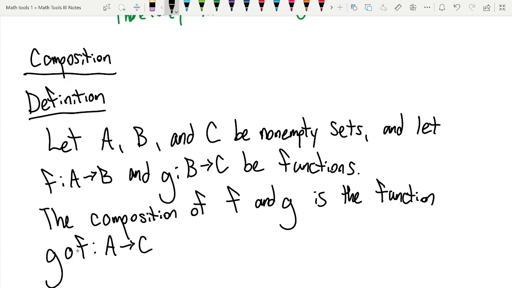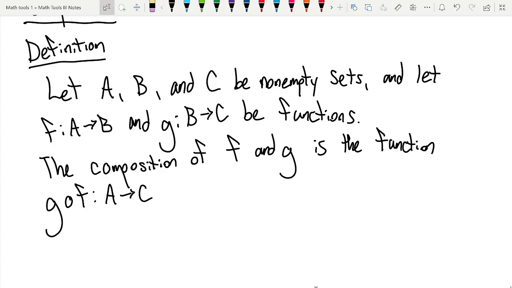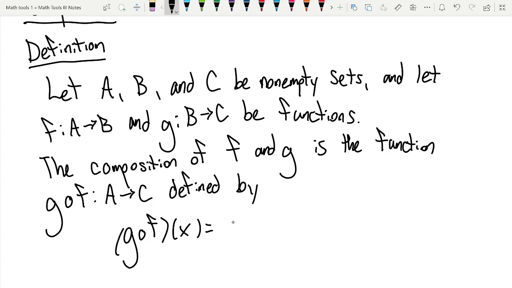And we saw the different notations for this. We don't really use this notation a lot, of course. It's used a little bit more with these more technical aspects. Defined by g of f of x is equal to g of f of x, right?